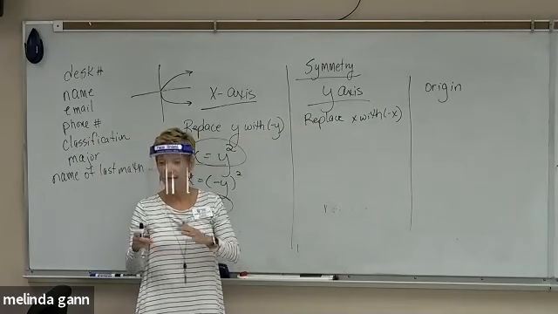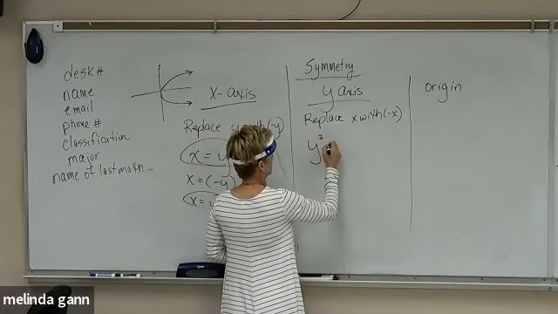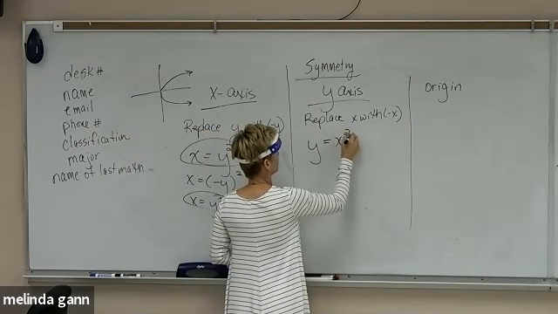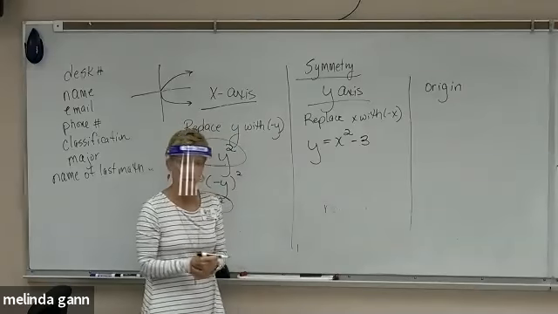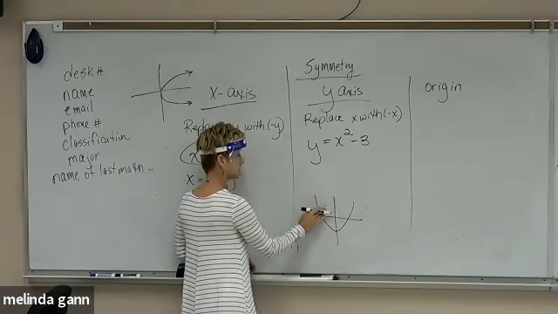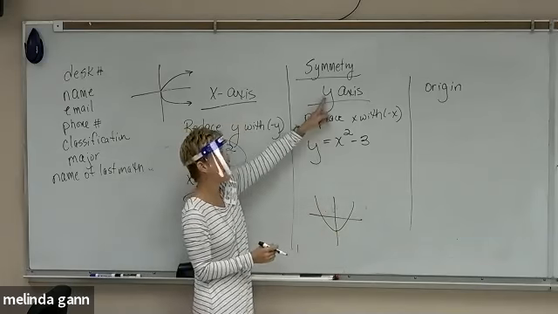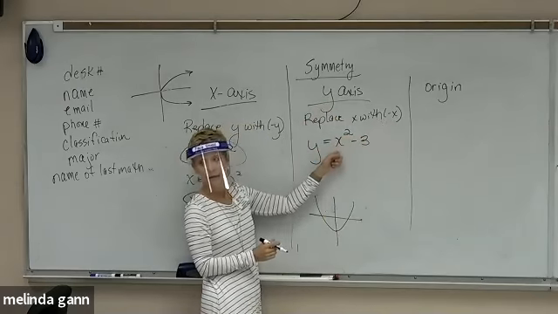Okay. And that's like the one we had a minute ago. Let's do this. And we did that one a minute ago. Remember? That's the one that looked like that. And see, how am I going to check for y-axis symmetry? I replace x with a negative x.